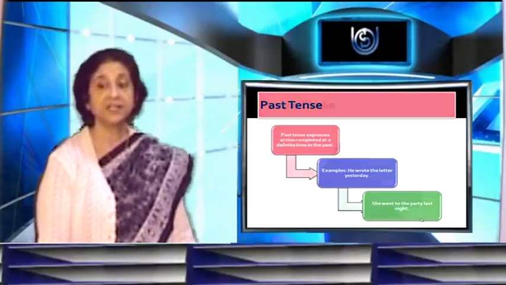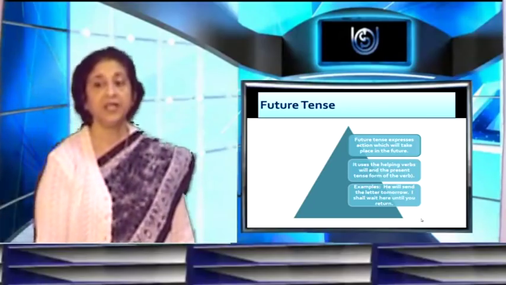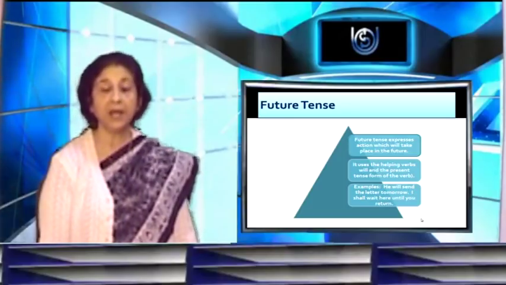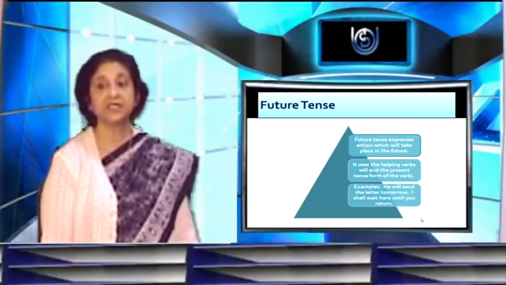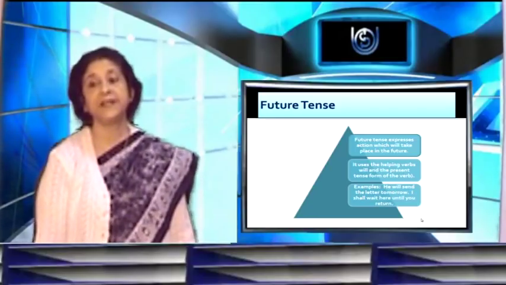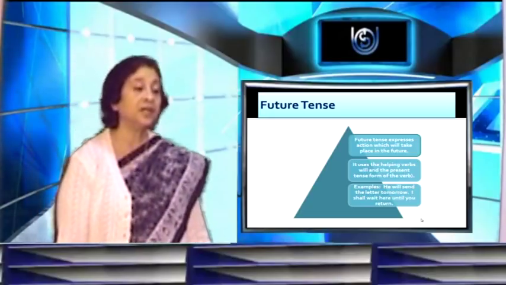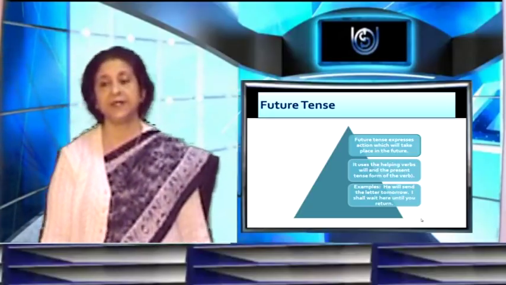Now future tense. Future tense expresses an action which will take place in future. It uses the helping verb will and the present tense form of the verb. Example: he will send the letter tomorrow. I shall wait here until you return. Very clear from these sentences.